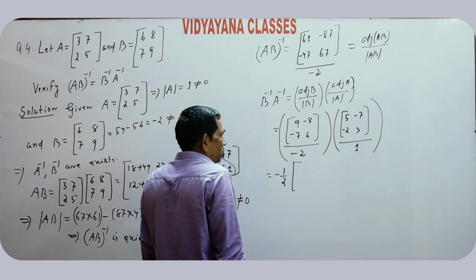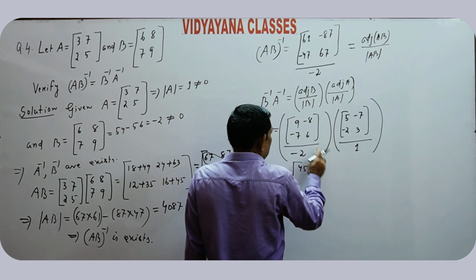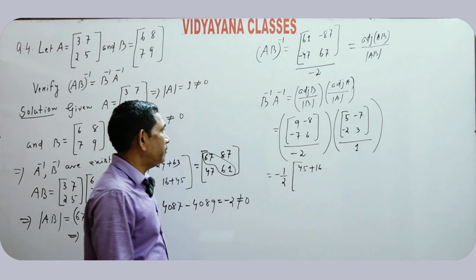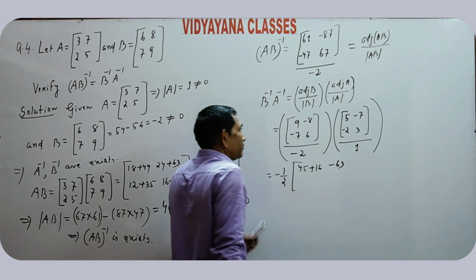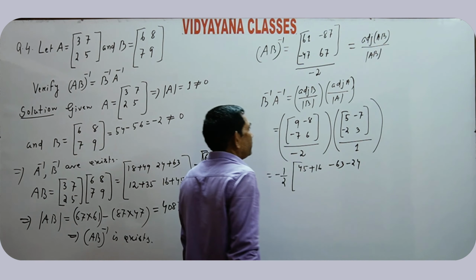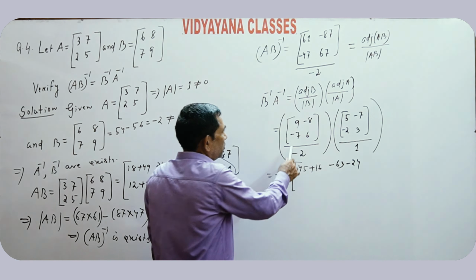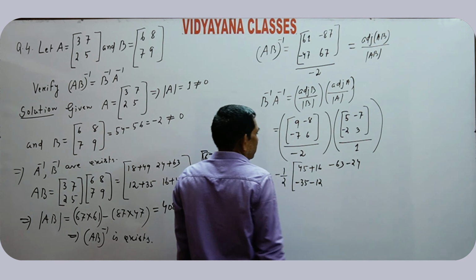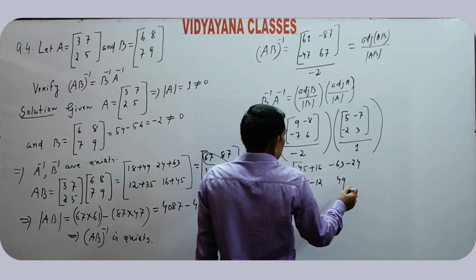By the matrix multiplication rule, go through row 1, come down in column 1: 9 into 5, that is 45, minus 8 into minus 2, that is plus 16. Next, 9 into minus 7, minus 63, minus 8 into 3, minus 24. Then row 2: minus 35, minus 12, and 49 plus 18.